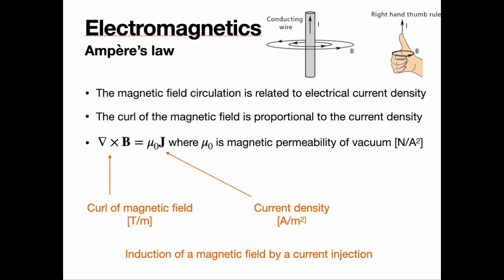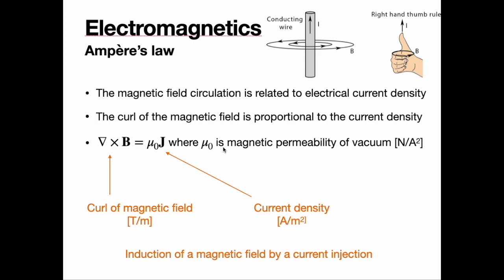The last law to be discussed is Ampere's law. The law of Ampere sets up a proportionality between the magnetic field circulation and the electrical current density. And that's how it's stated. The curl of B is equal to mu 0 times J. So this is the magnetic field, and that's the current density.